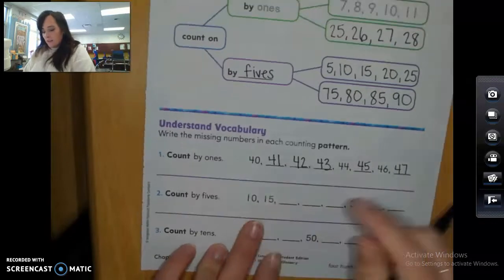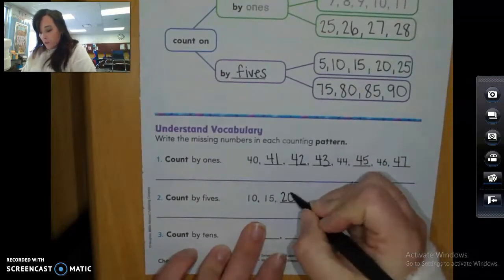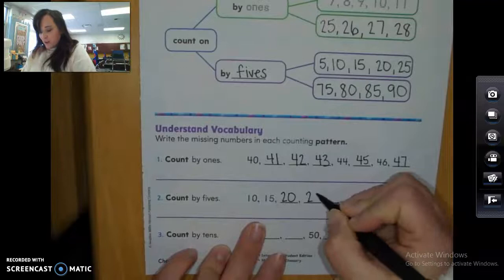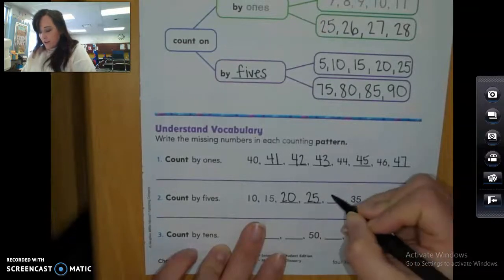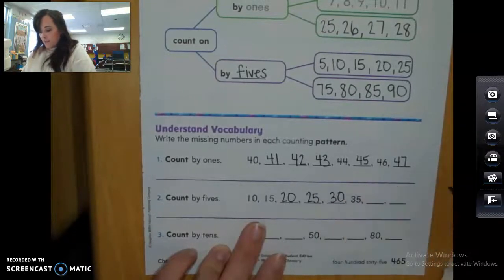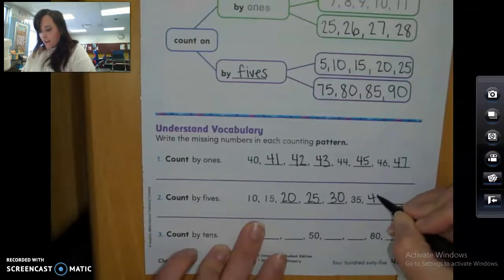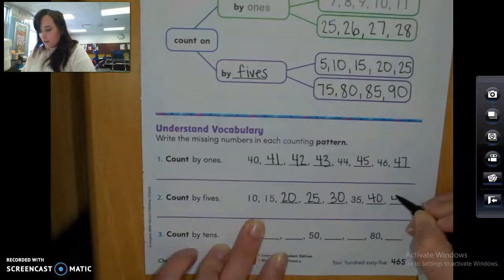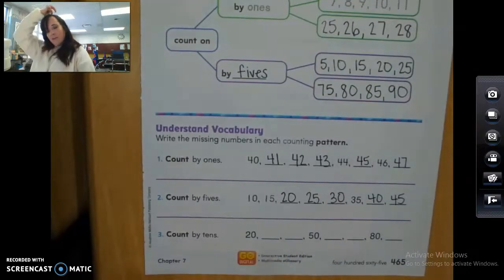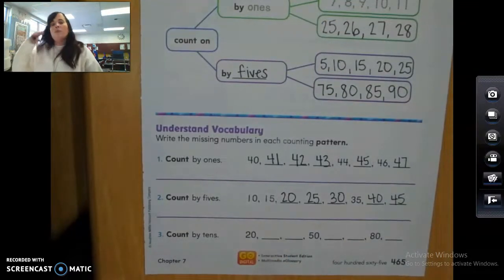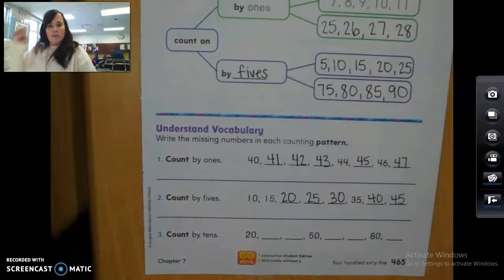Number 2, count by fives. 10, 15, 20, 25, 30, 35, 40, 45. Good. Next one, count by tens. I'm going to give you a few seconds to try that on your own. Go ahead.